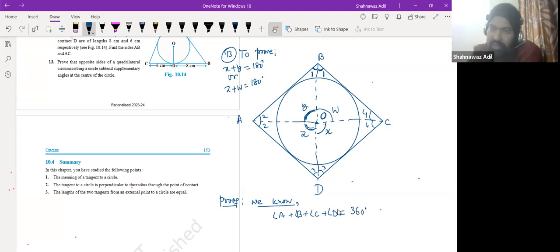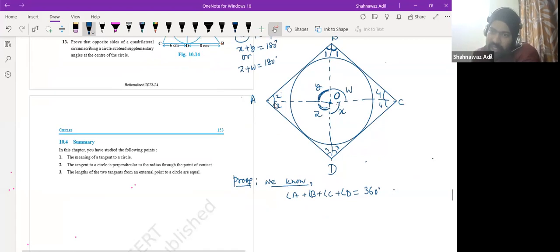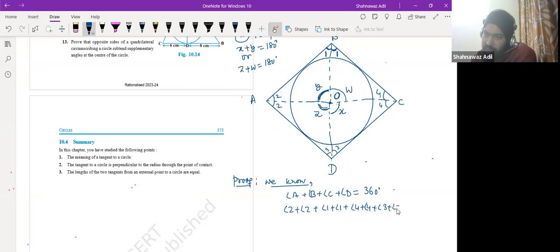Good. Now if you look carefully, angle A is angle 2 plus 2. Angle B is 1 plus 1, C is 4 plus 4, and D is 3 plus 3. So we can take common out from angle A. No, no, these are not numbers.